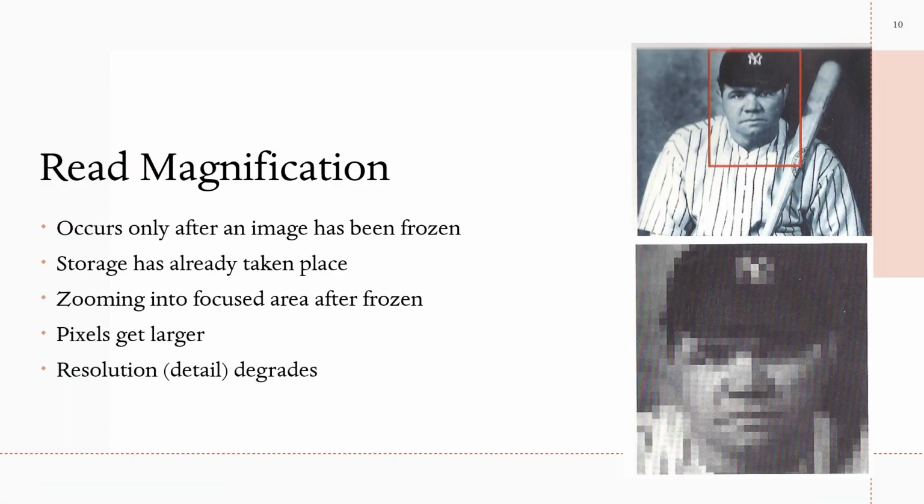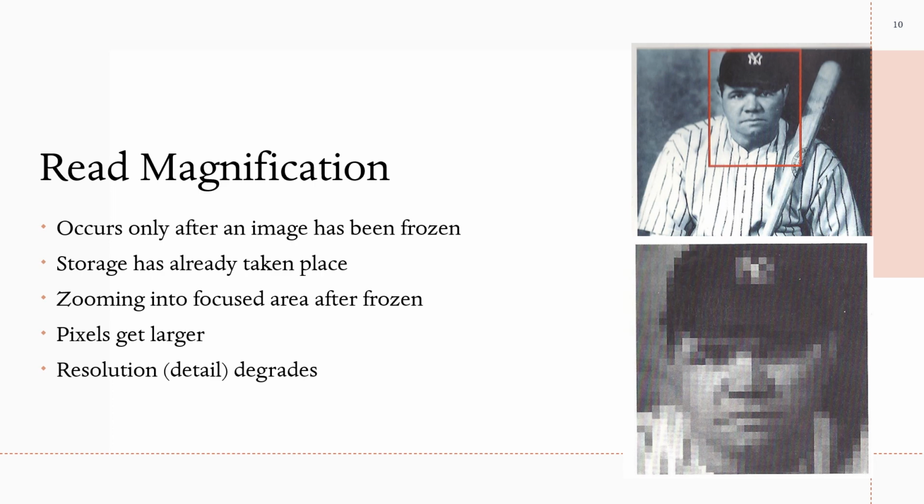Read magnification is different from write magnification because it is after we hit the freeze button. So this is when we freeze an image and we zoom into something with our zoom box or just the zoom toggle, and we hone in on something after we have already stored the image.